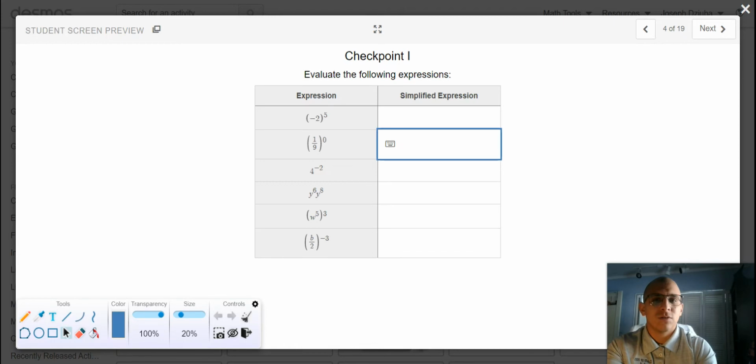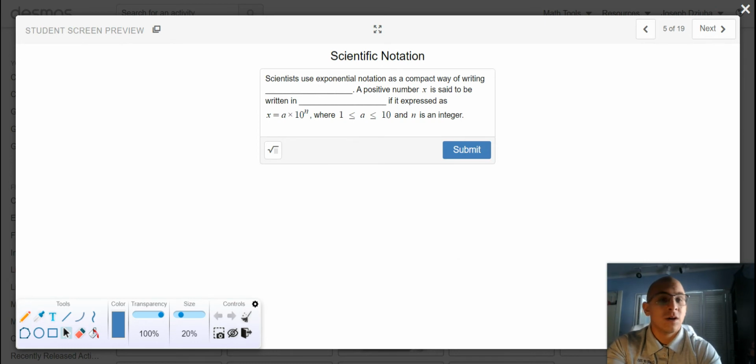So I strongly encourage you to relinquish that reliance on alternative technologies and rely on yourself. Go through and simplify the expressions on the left and the right, and we'll get into our next topic, which can get a little bit wonky: scientific notation.